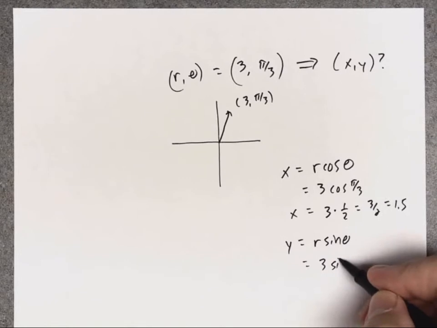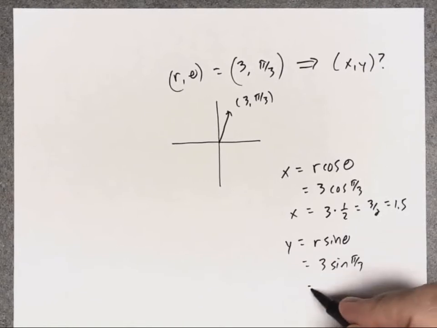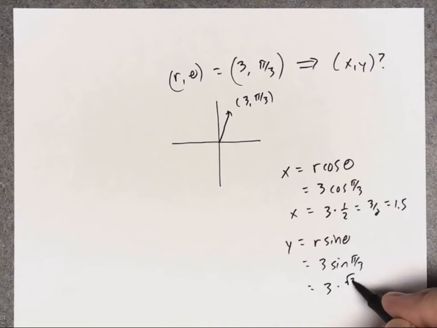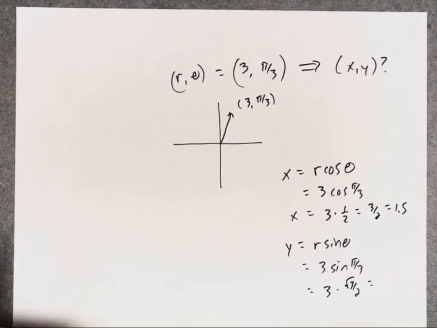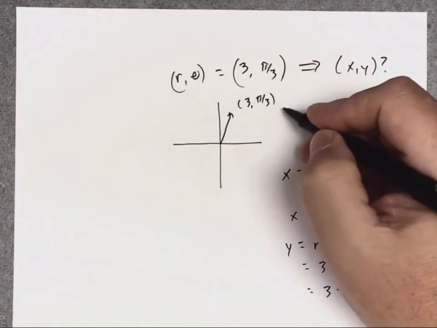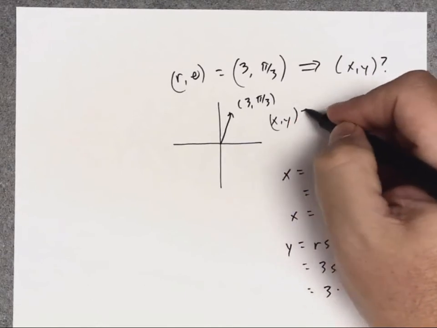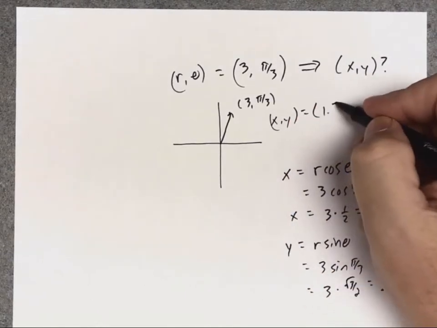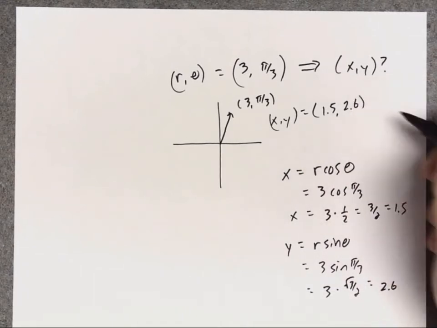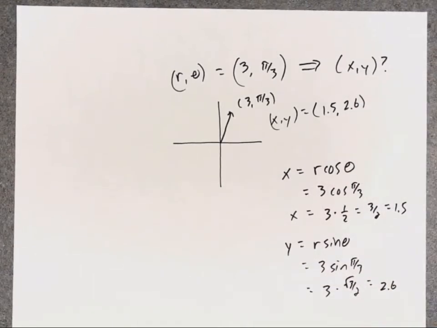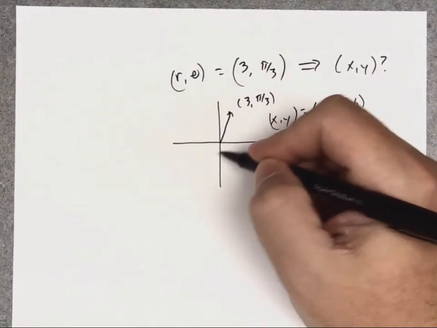R is 3 sine of pi over 3, which you know is square root of 3 over 2. If we want a number for this, I can take square root of 3 times 3 divided by 2, 2.6. So I could say as x and y, this would be 1.5, 2.6.